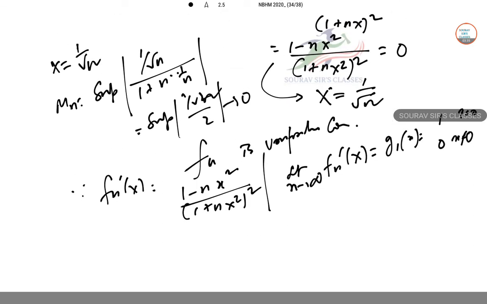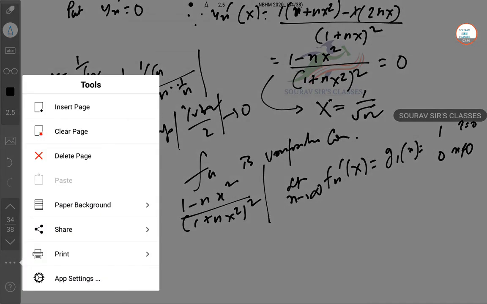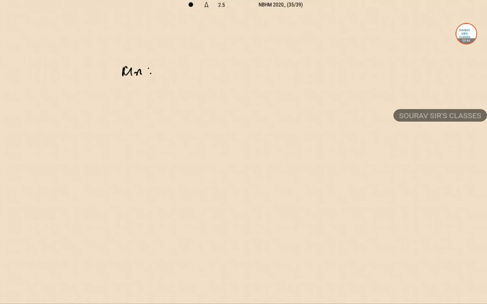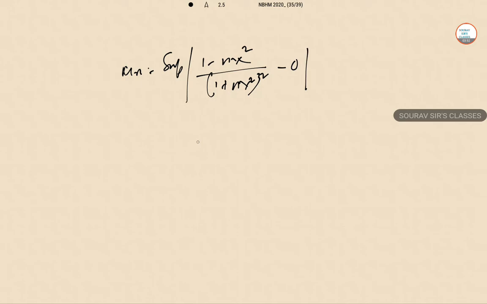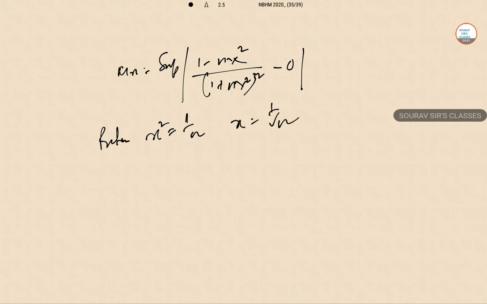So the limiting value: Mn equals the supremum of (1 - nx²)/(1 + nx²)² minus 0. We put x² equal to 1/n, so x equals 1/√n.